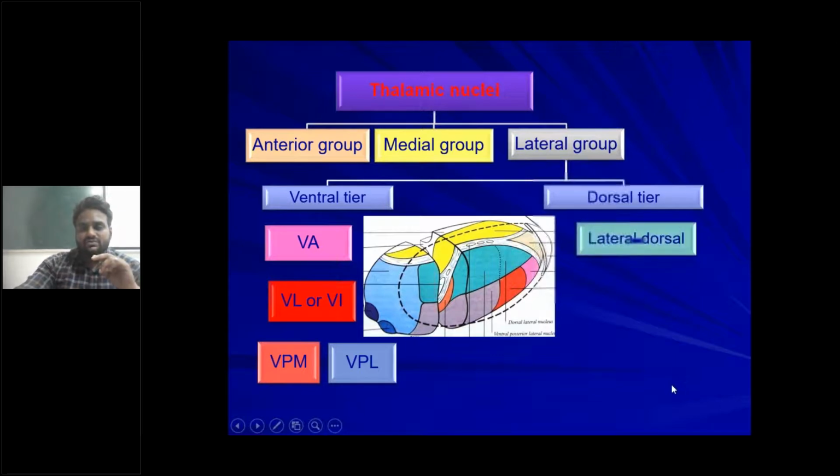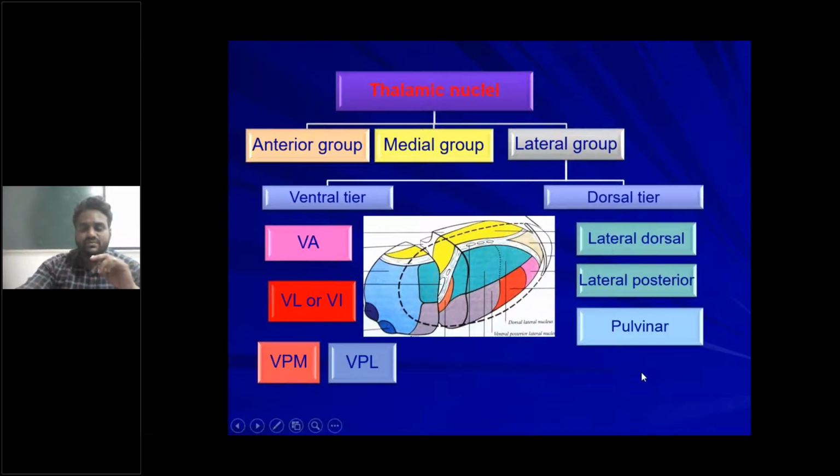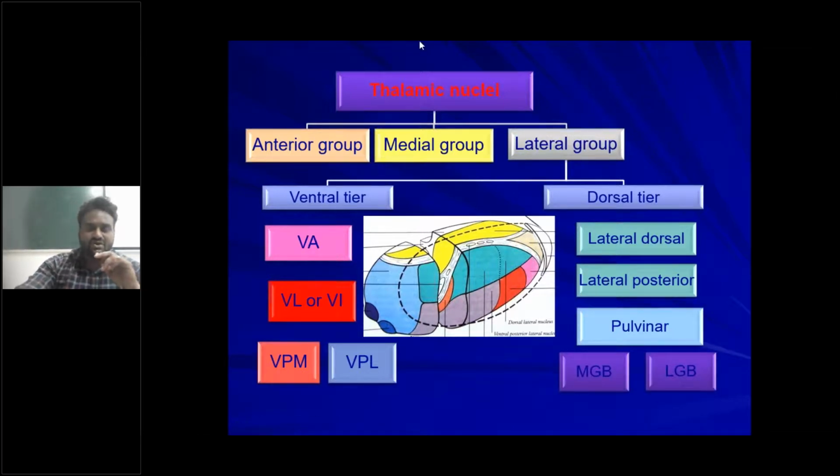And the dorsal group: lateral dorsal, lateral posterior, pulvinar, and below the pulvinar, the medial geniculate and lateral geniculate bodies. Very good. So these are the nuclei of the thalamus.